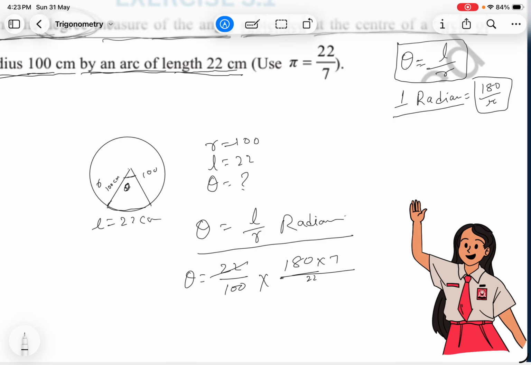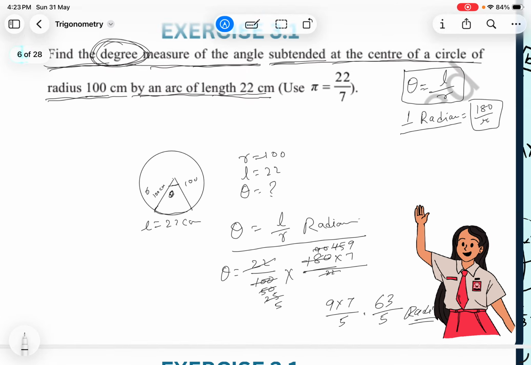Okay, so 22 cancels. Now we have 180 into 7 by 100. If I cancel this, it will be 5, 9 5s are 45. So we have 9 into 7 by 5 radian, that is 63 by 5. Okay, so this is the answer.